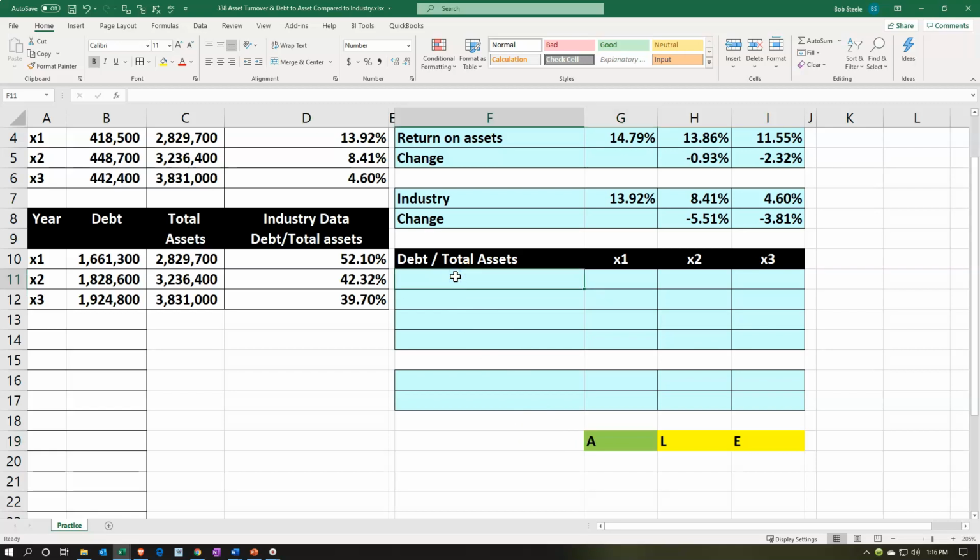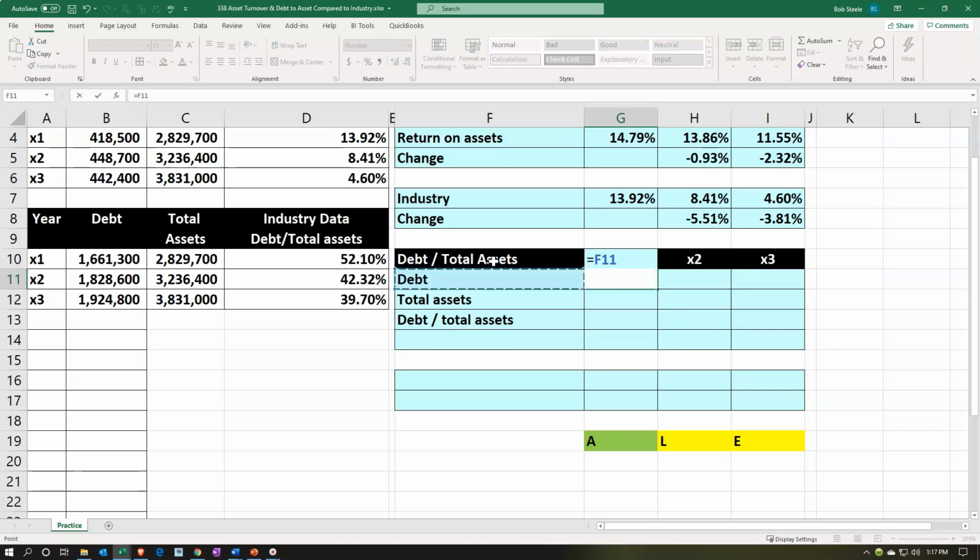So we're going to say, all right, debt is going to be divided by the total assets to give us the debt to total assets. Okay, so that's going to be the debt, we're going to say, is the 1,661,000 for year 1.